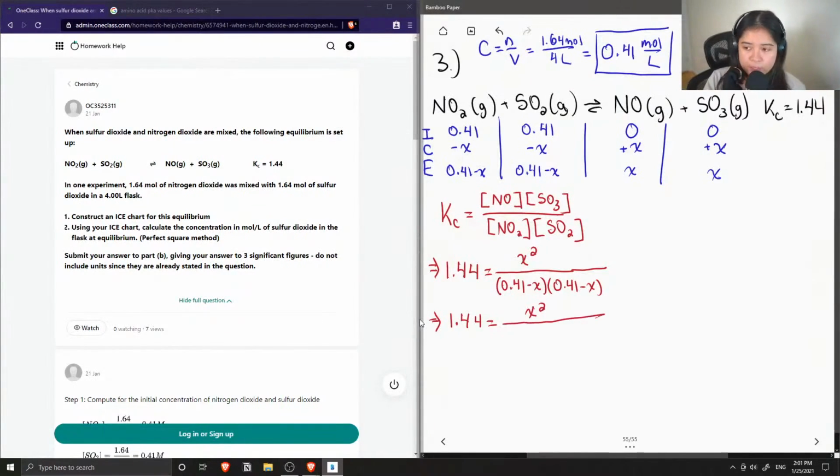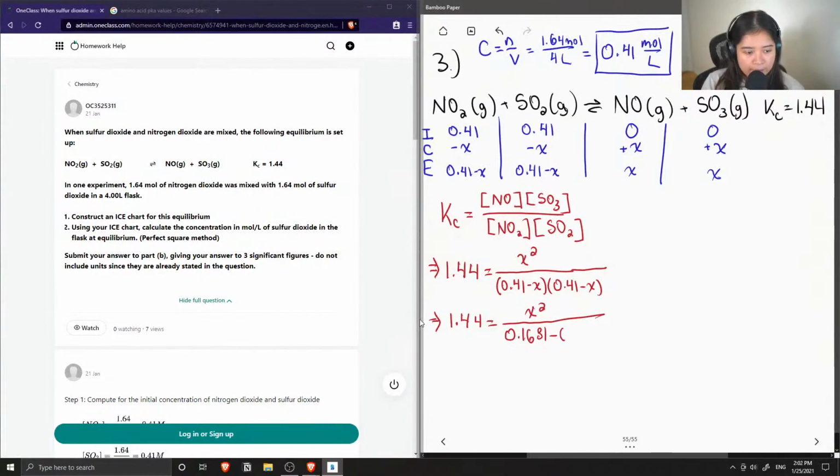So when we multiply the brackets like this, we multiply the first two, so 0.41 times 0.41, you get 0.1681, and then our inside term, so negative X times 0.41, and then the same outside term 0.41 times negative x, you get 0.82.